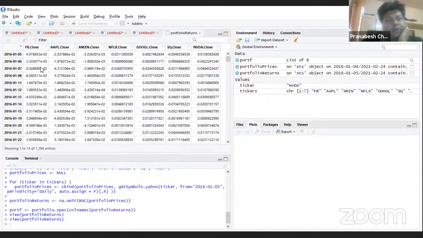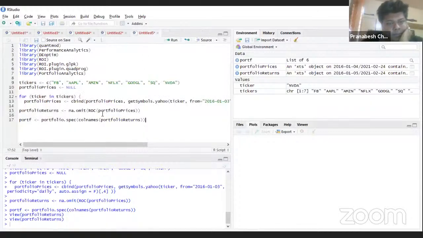You see, we have the portfolio returns for all our seven stocks here. Okay, that's fine. Right. So we used the function called ROC, which is an inbuilt R function.